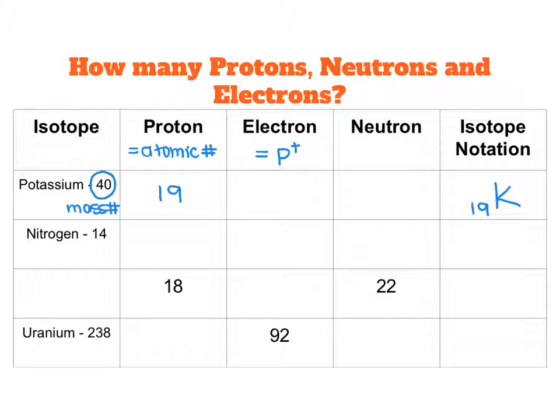So if I have 19 protons, I also have 19 electrons. And then I know that my neutrons is going to be my mass minus my protons. So I'm going to take 40 minus 19, and I get 21. And all I'm missing in my isotope notation is my top mass number. For this one, it's 40.